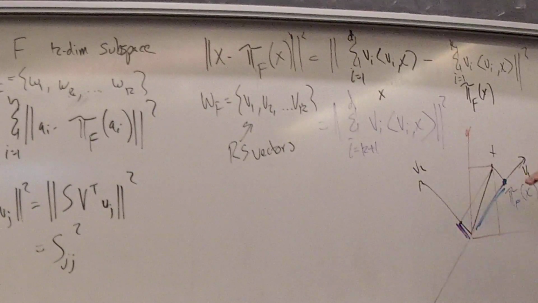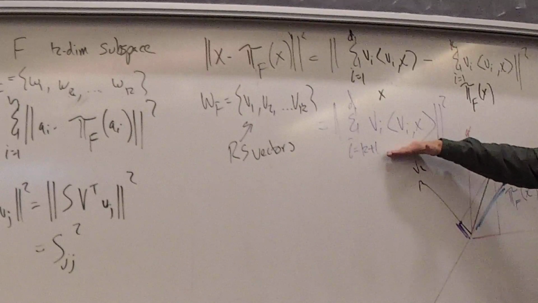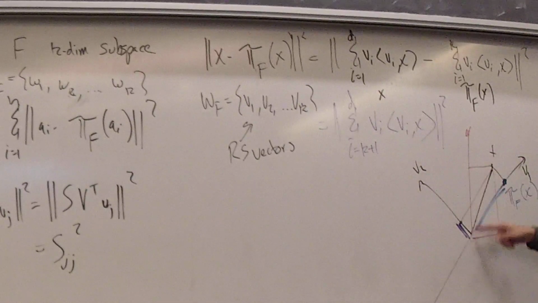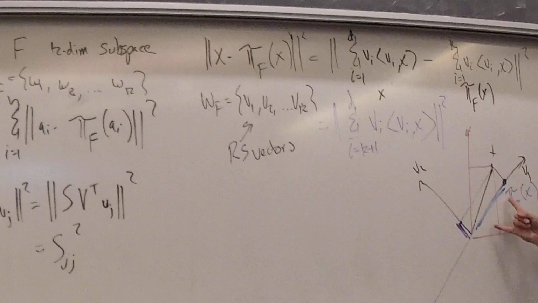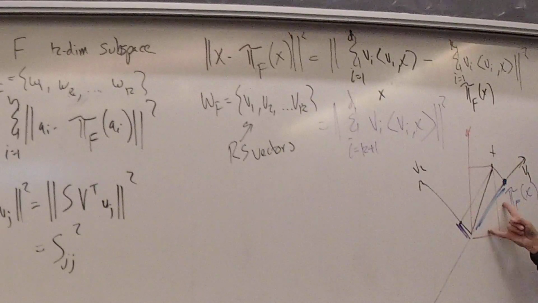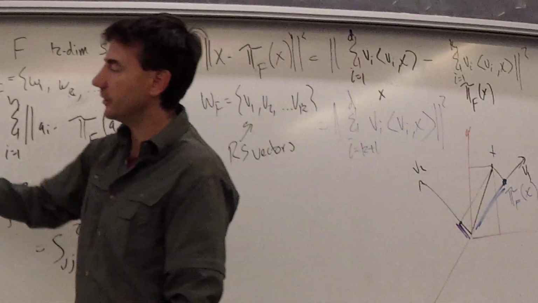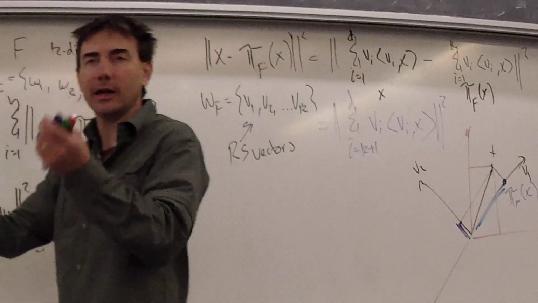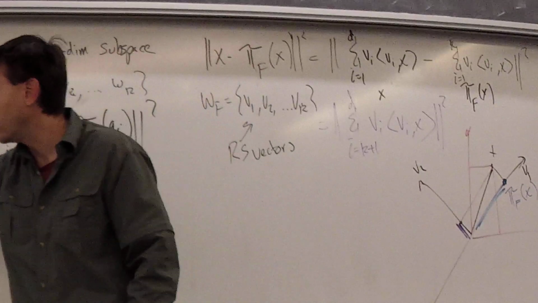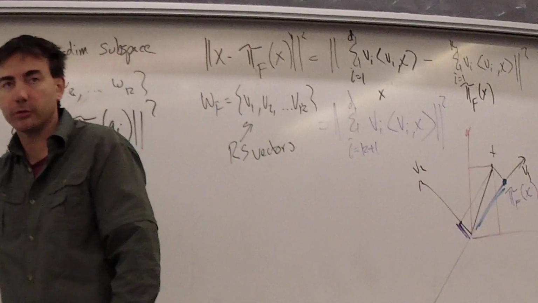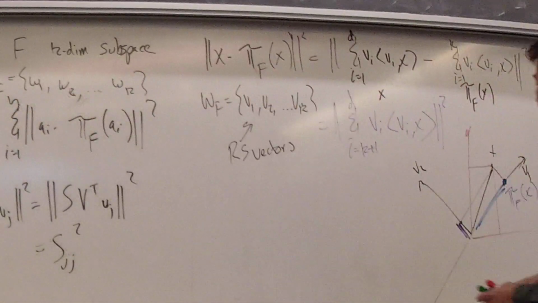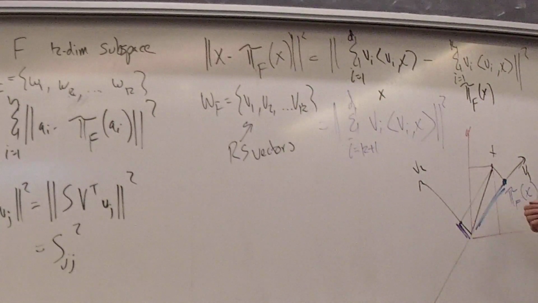Okay, so if I want to minimize this squared quantity, the squared norm of x is fixed. So I want to maximize this squared quantity. And I can maximize it by picking the top direction v1, and I've collected the squared norm s11 squared. And then I need the next basis to be orthogonal to that.